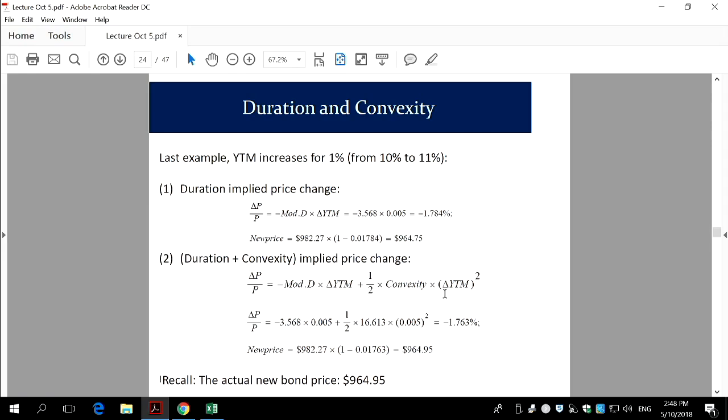This second term is small, but it's critical. Then you have a new implied price change, the duration plus convexity implied price change, and it would be very close to the new bond price, almost the same. So this is how we mathematically correct that small error.